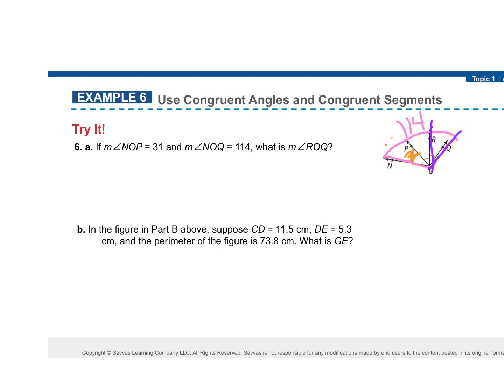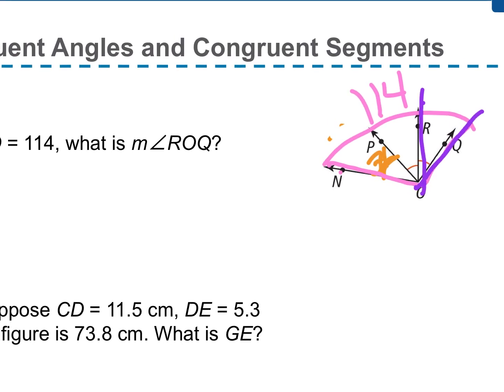Well, doesn't look like we have enough information, does it? But if you look here, see these little things here? It says this angle, whatever it is, is the same as this angle. So I know that x plus 31 has to equal 114.